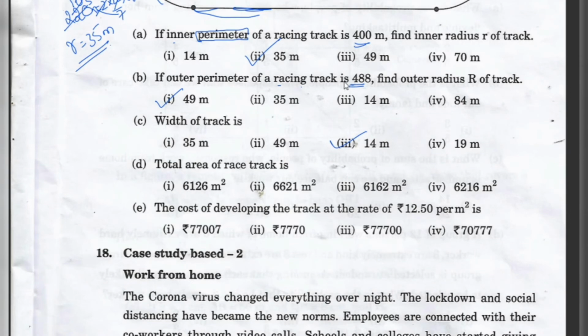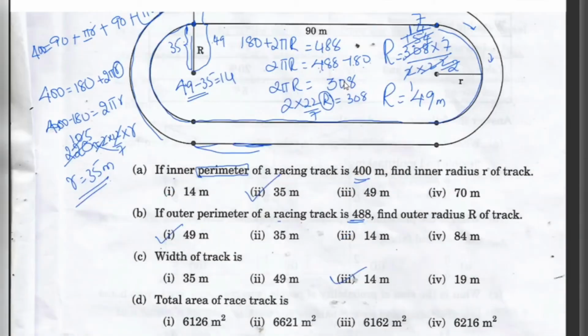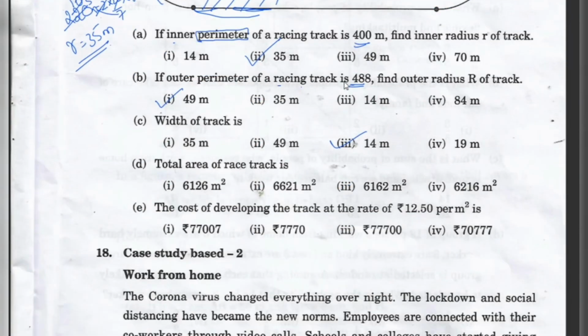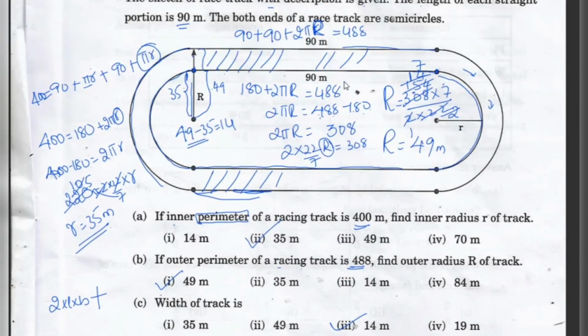Then total area of the track. So until now these three were about the perimeter. Now coming on to the total area, moving back to this figure. Here this part is a rectangle, so we get two rectangles. For that we will make the area 2 into L into B, plus we have two semicircular tracks, this part, on both sides here.